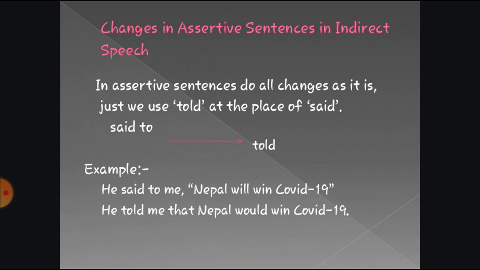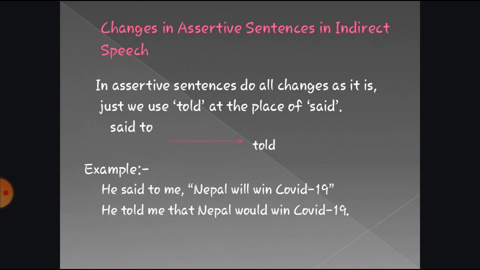So dear student, try to listen carefully and try to understand, even though we have talked about assertive sentence in the last class. However, I like to make you remember how assertive sentence can be changed into indirect form.